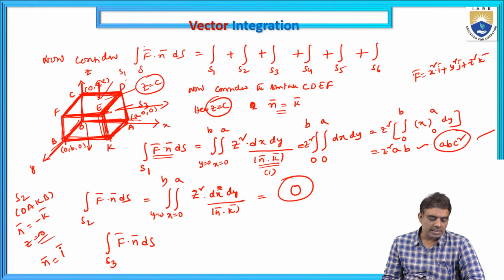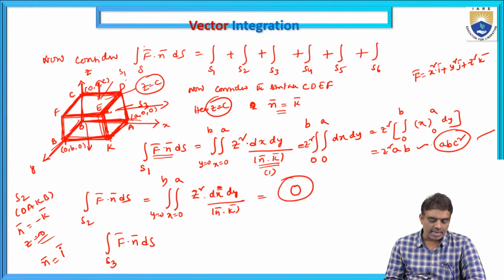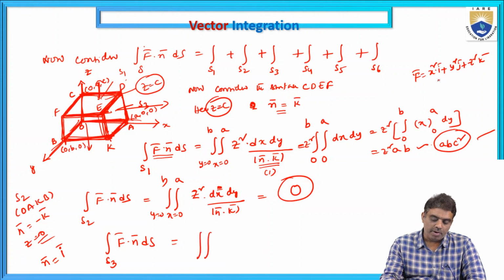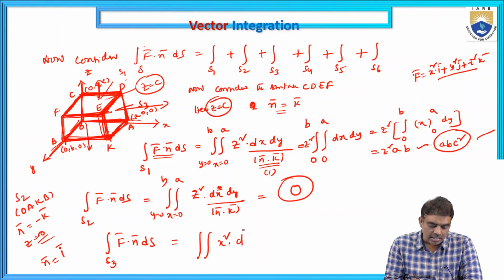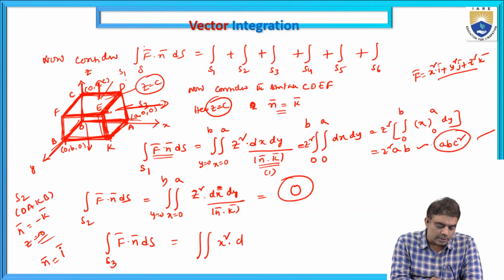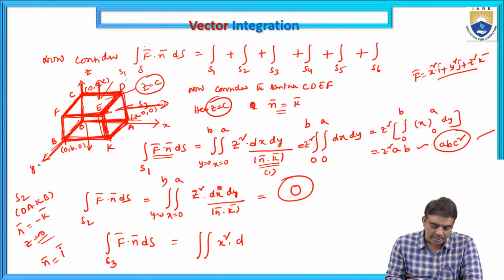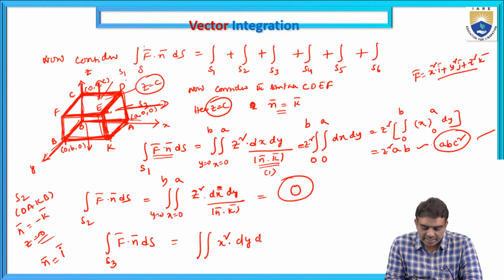So this becomes the double integral of f bar dot i bar. You will get only x square. The function will be x square, and this plane is parallel to the zy plane, so it will be dy into dz by magnitude of n bar dot i bar.